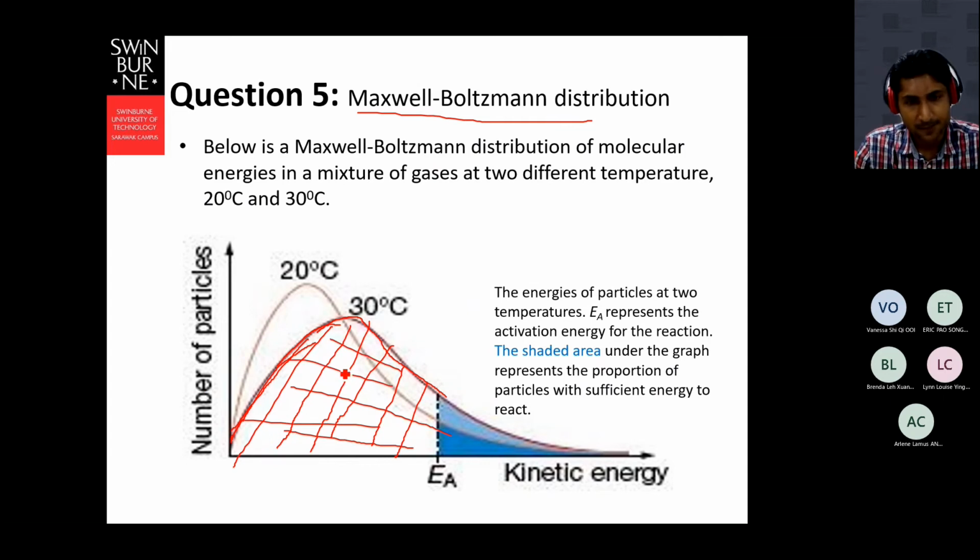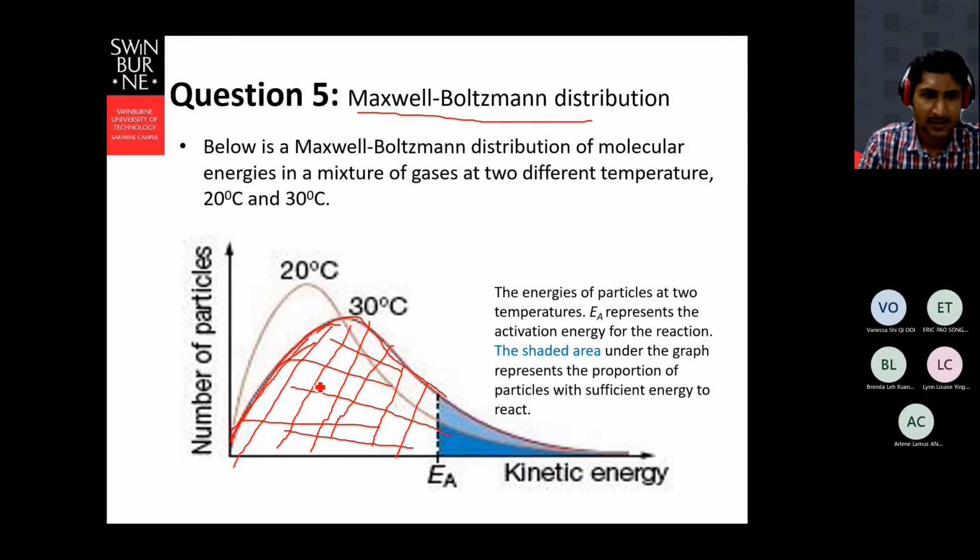So when we increase the temperature, the potential energy of these elements or molecules is translated to kinetic energy, so more particles will have higher energy than at 20 degrees centigrade or a low temperature.